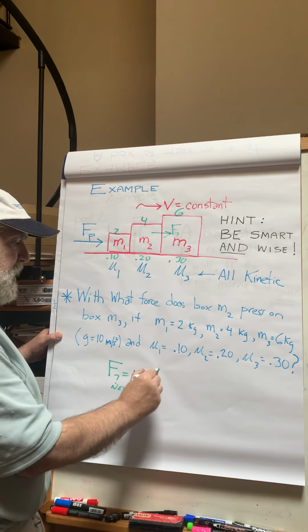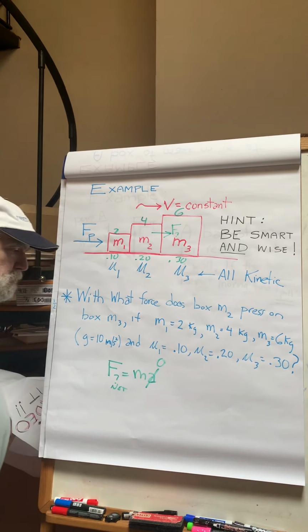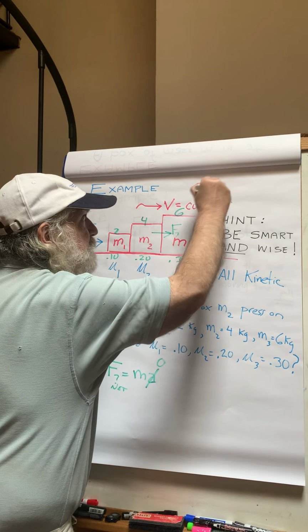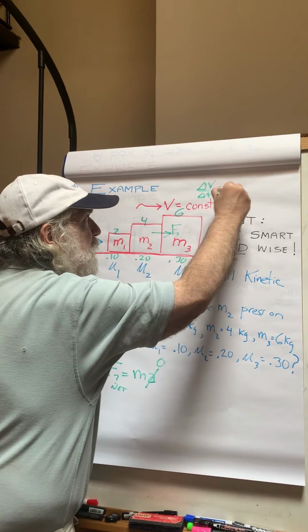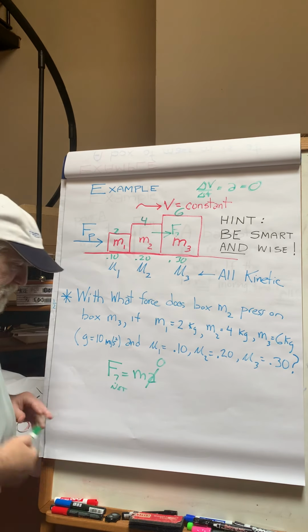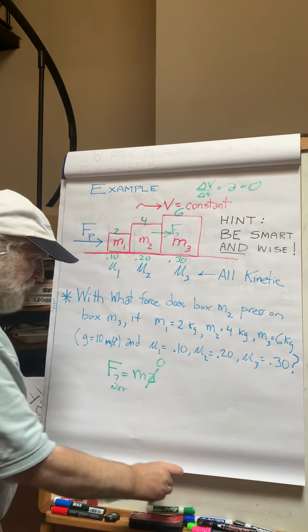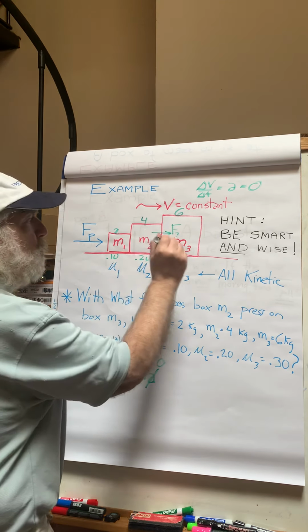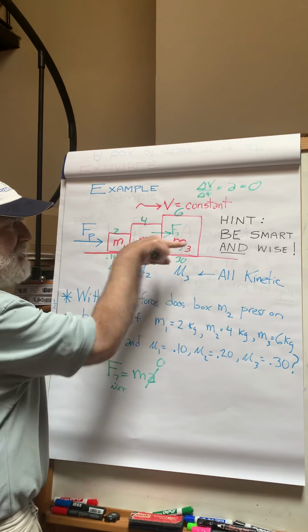And I know that A is 0. So, because the velocity is constant, delta V over delta T equals A equals 0. So the net force has to be 0. I have to just balance whatever force is fighting me when I push.